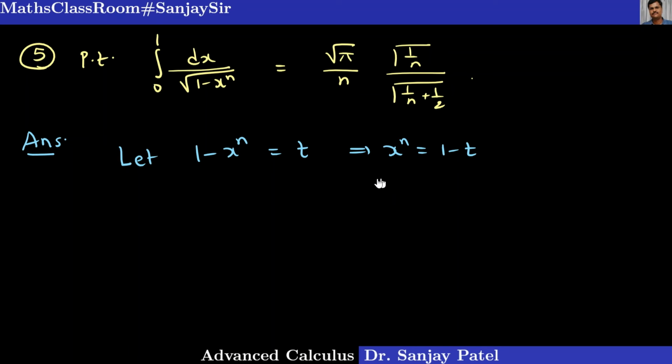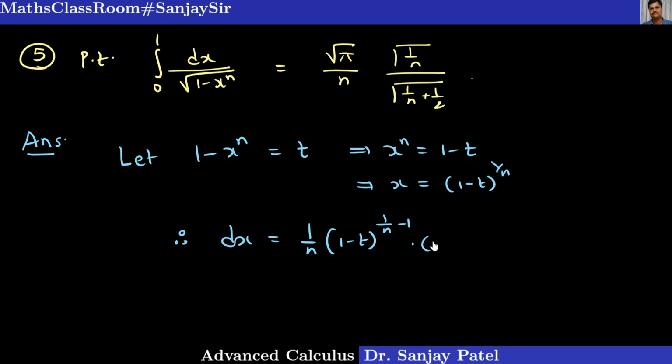Okay, and therefore from this I can find x as 1 minus t raised to 1 upon n, taking nth root both the sides. And therefore if you find dx, this is to be replaced, so it is 1 upon n, derivative of this thing, 1 minus t raised to 1 upon n, derivative is 1 upon n into 1 minus t raised to 1 upon n minus 1 into derivative of 1 minus t is minus 1 into dt.